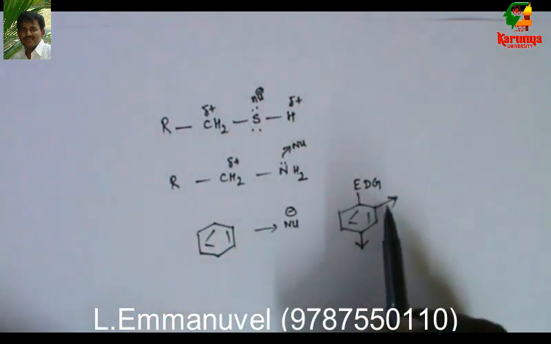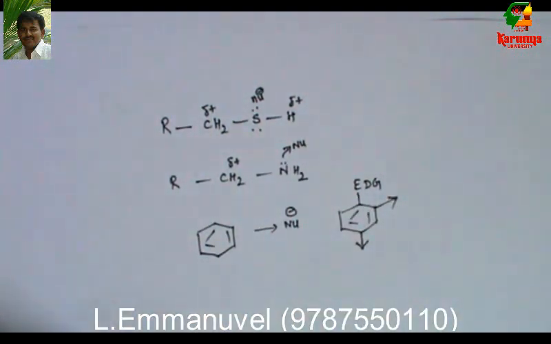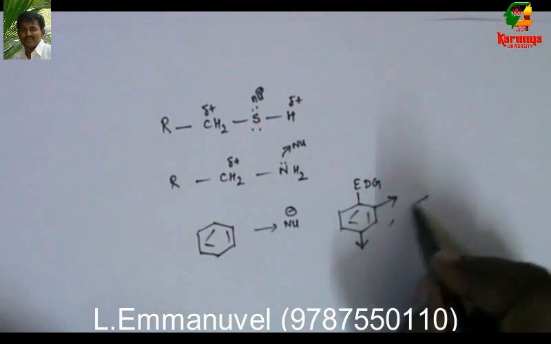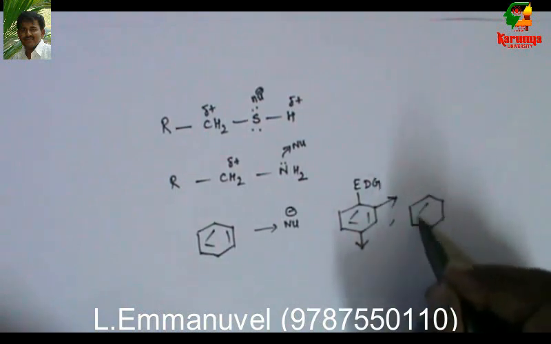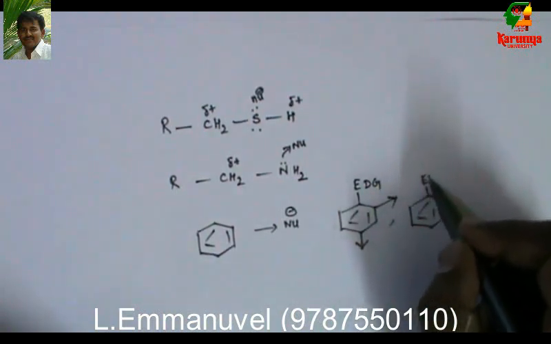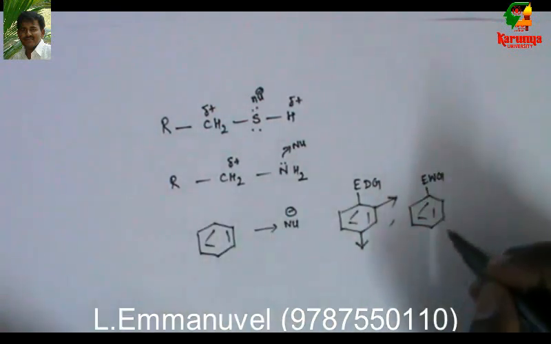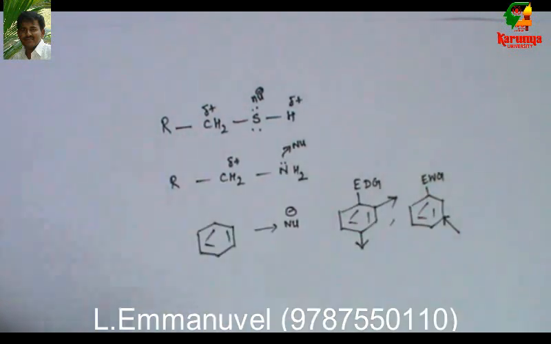Electron donating group prefers ortho and para product. So these two positions become nucleophilic and we get the corresponding addition product. When I add an electron withdrawing group, then this position becomes nucleophilic, that is the meta position.